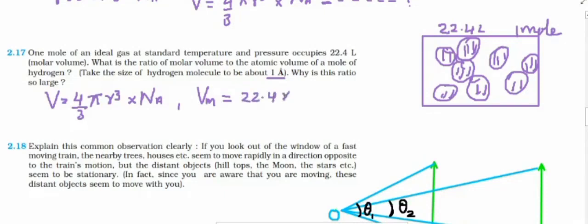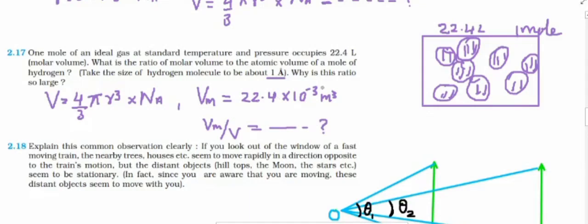It is given in liter, so 10 power minus 3 meter cube. 1 liter is 10 power minus 3 meter cube. Now you are asked to take this ratio, which is Vm divided by V. So you can substitute the values and find the ratio.